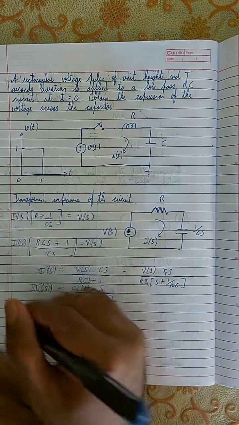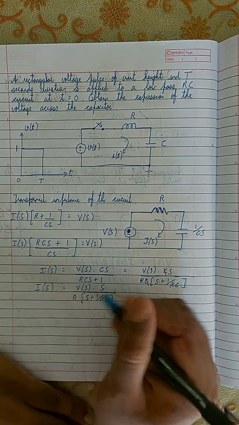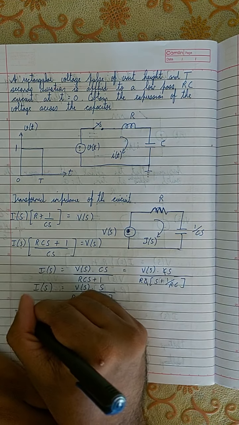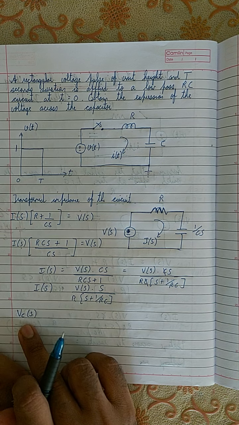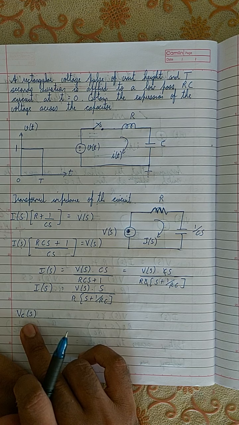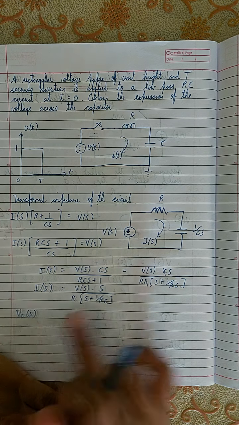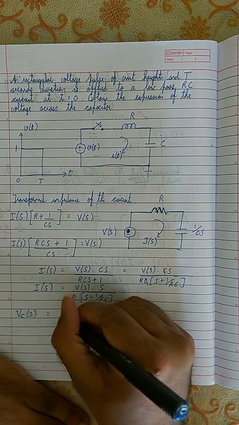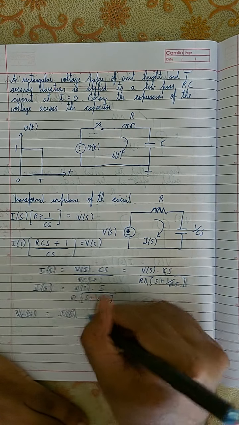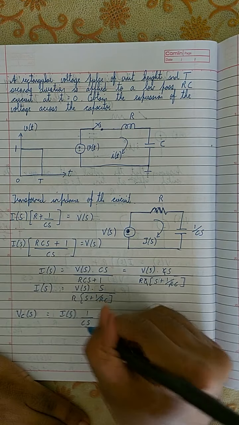Therefore, let Vc of S be the Laplace transform of Vc of t, which is the voltage across the capacitor. In that case, I can say that the voltage across the capacitor is I of S into 1 by Cs.